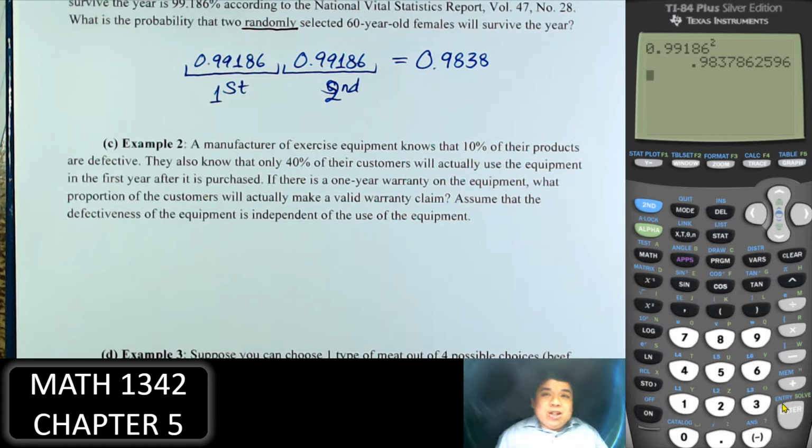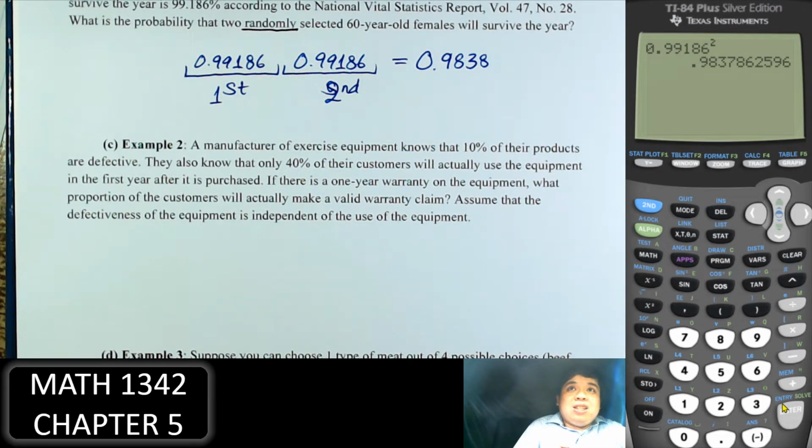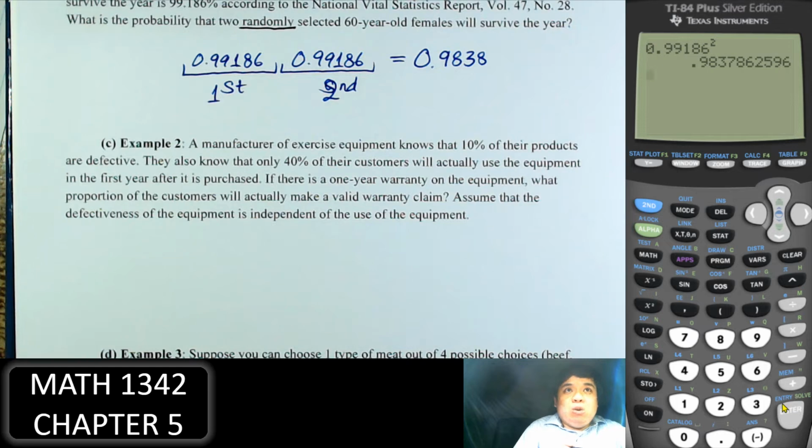I'd say there are two things here. One of them is that the product is defective, and the second one is whether the customer will use it or not. By the way, this should be independent, because when the customer buys a product, that person has no idea if it is defective or not. Of course we buy the equipment, and then we actually use it within the first year.